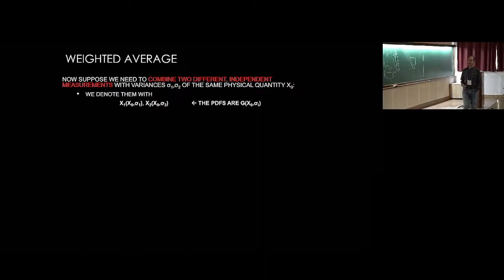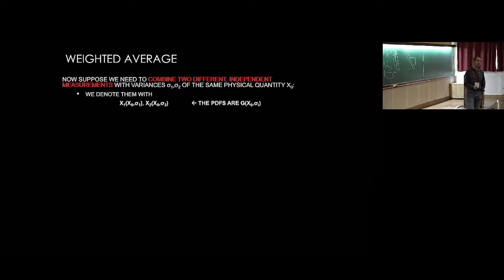This basically is saying that I assume that the distributions I'm sampling these values from are Gaussian, okay? Gaussians with mean x0, the unknown value, and with sigma i.